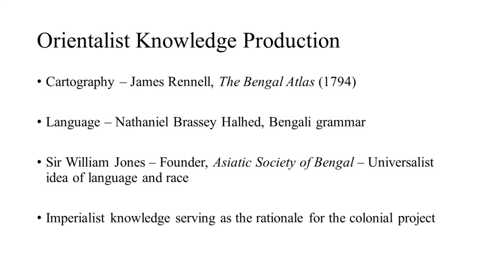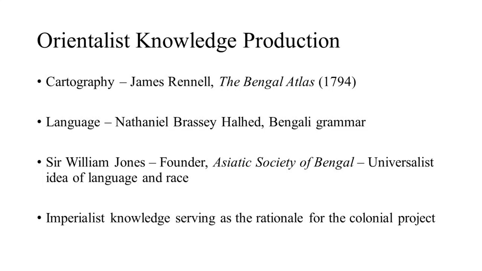He had a universalist idea of language: that all languages sprang from a common source, that Greek, Latin, and Sanskrit all had a common origin. And this common source, though it no longer exists, means that all people were once a unified whole.